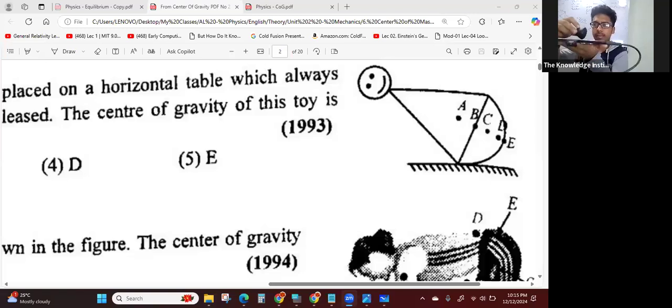See how much of an angle I'm tilting, again it falls to the same side. You can see the angle, how much I have bent it, again it falls back to that side only. But you can see I am still able to make this much of an angle, because this one has a lower center of gravity. They have designed it like that so that when I'm holding this pen, there is less chance of toppling.